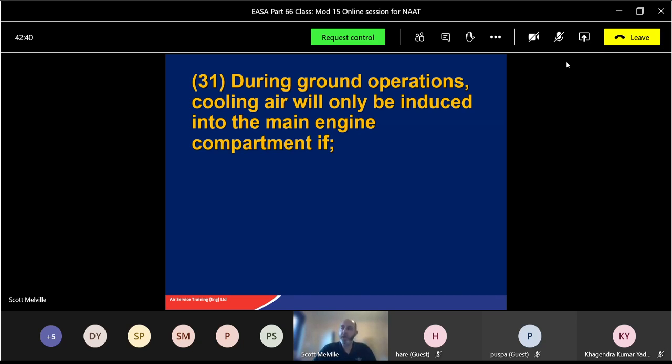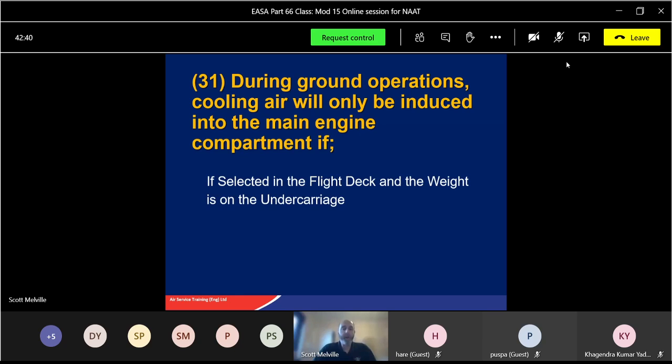Yeah, the weight on wheel switch. So if selected in the flight deck, you can switch it on and the weight on wheels is selected. Even if we select it in flight, it won't work because the weight on wheel switch hasn't engaged.